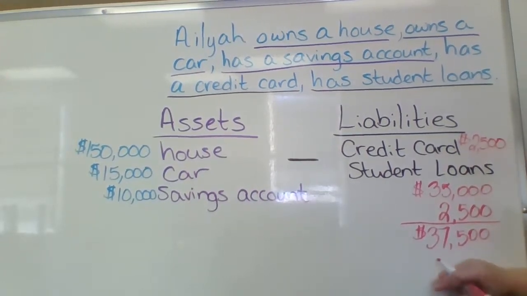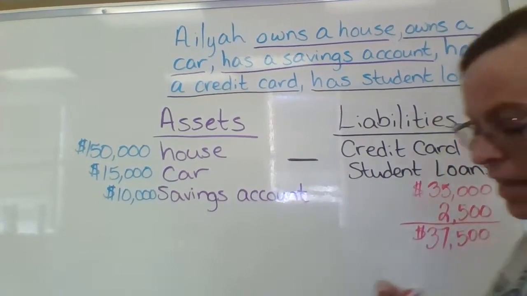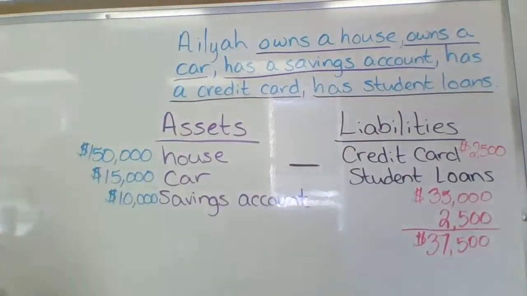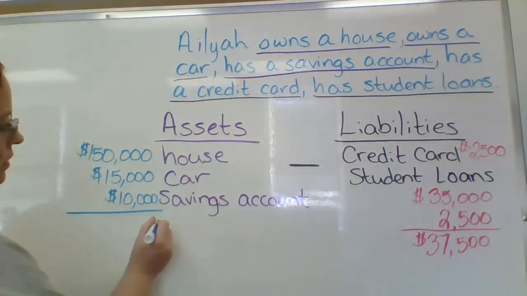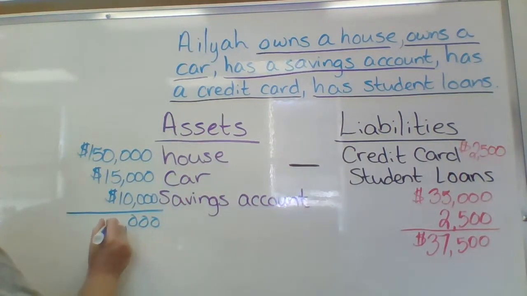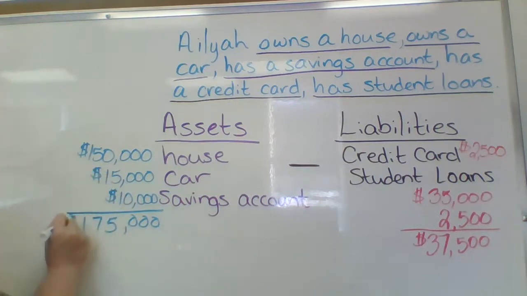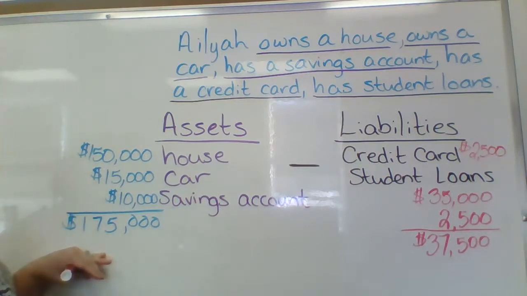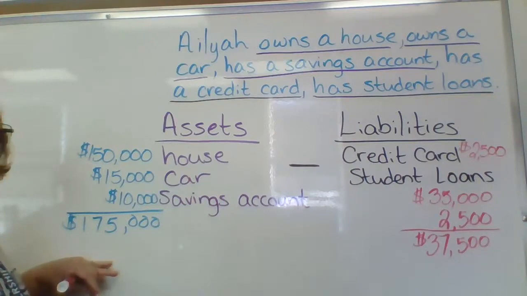Those are what have to be paid, okay? Now, I'm going to come over here, and I'm going to add up her assets. So assets-wise, she has $175,000 worth of positive things that she could sell to get money for.